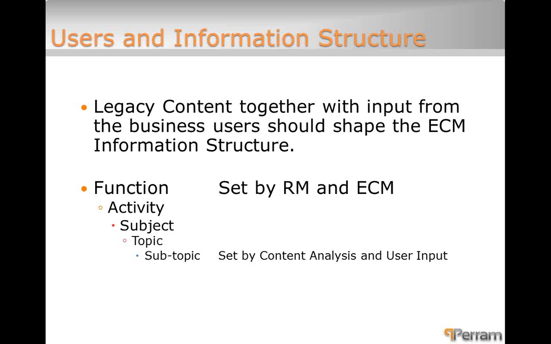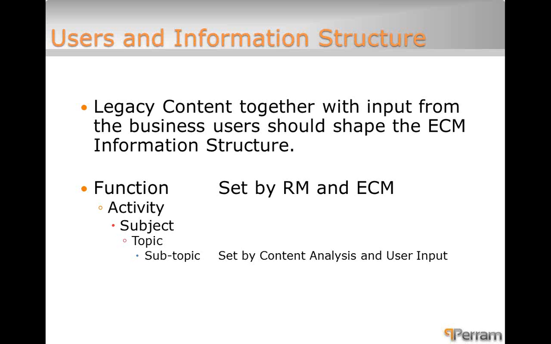So how do we get to an enterprise content management information structure that makes sense and works for everybody? One is we need to analyze that legacy content like I talked about. There's a great wealth of information there. The next thing we need to do is start from the top down with our records management or ECM standards.